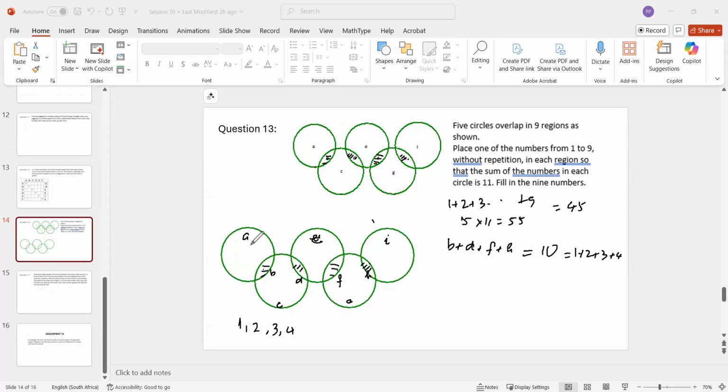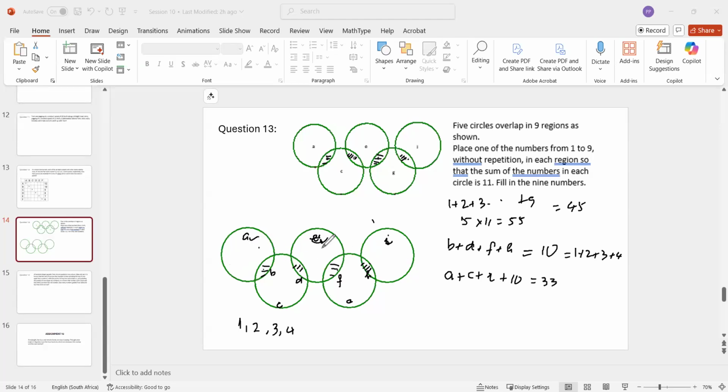Right. Now when you look at, bearing that in mind, as I started off before, when you add these three, A plus C plus I, when I add those shaded ones, which we know to be 10, I will get 11 plus 11 plus 11.